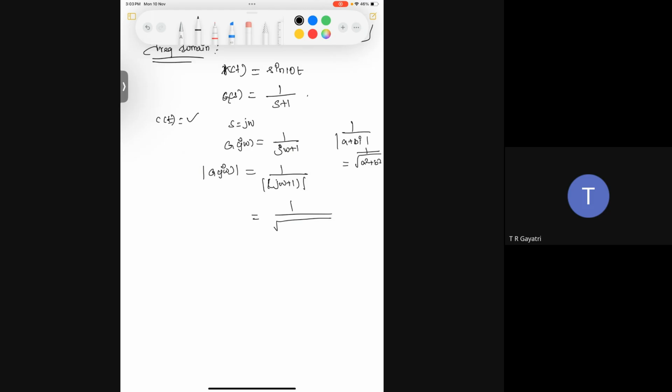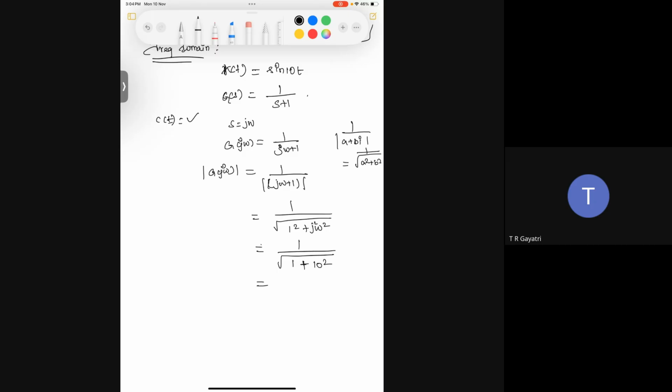So similarly here, it will be 1 by root of 1 square plus omega square, where omega is 10. j square would be minus 1, but along with j it will be plus, otherwise it's minus.